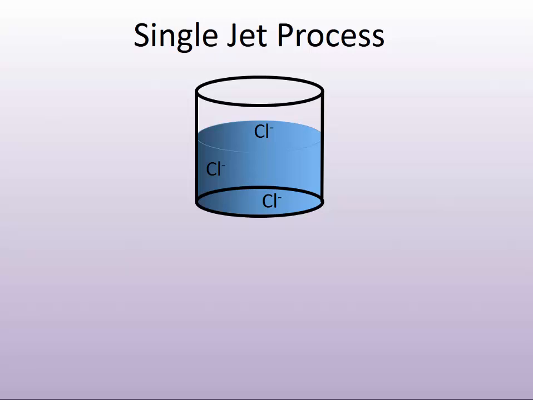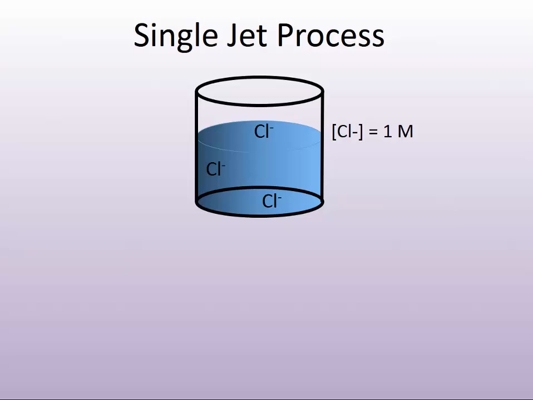So let's go back to our single jet experiment, how we use KSP to precipitate silver halides out into the gelatin emulsion. Remember I said that in a single jet experiment, the halide salt will be at about a 1 molar solution.